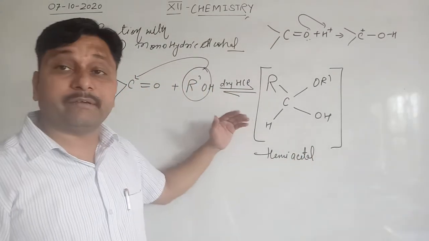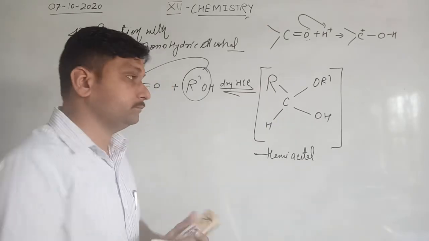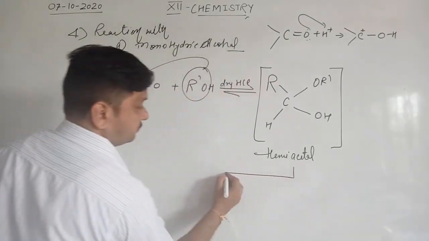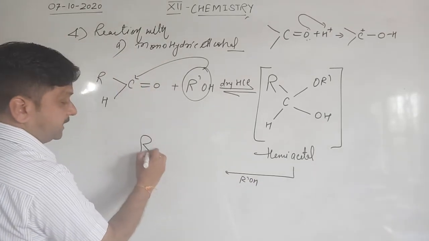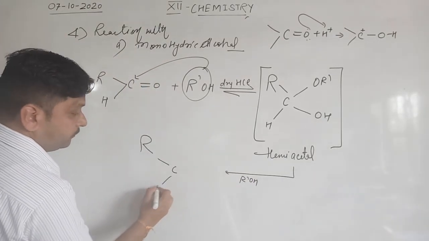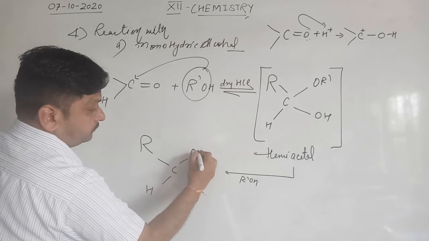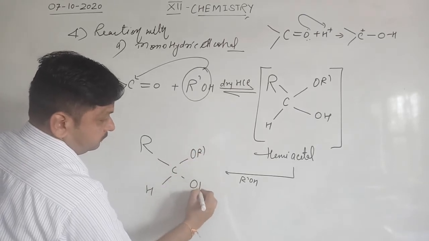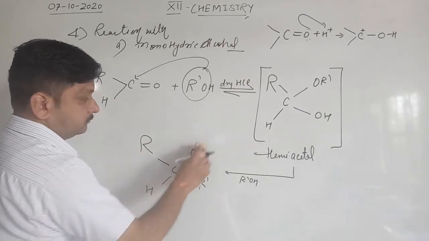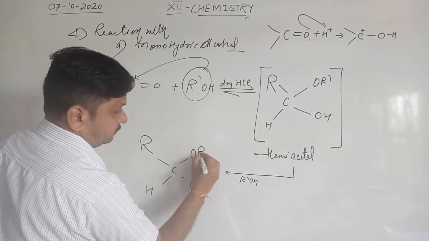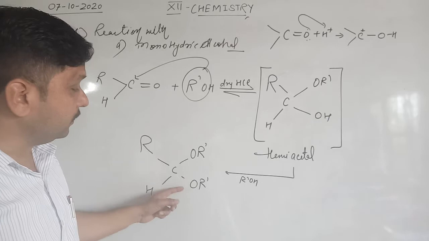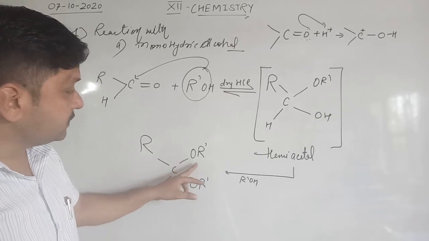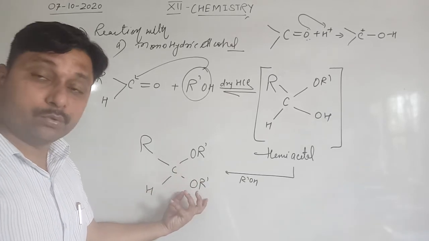Instantly this hemiacetal reacts with another molecule of alcohol, and it will convert into acetal group. Clear? So now on both valencies on the carbon atom, there is an alkoxy group, so it is known as acetal.